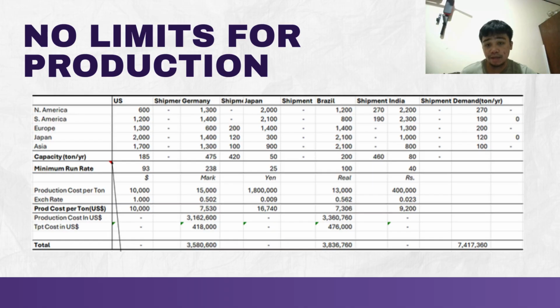So the fact here is that they are the cheaper producers, so they carry most of the load. As for the German plant, it has a large capacity. It's low cost and large capacity, and so that makes it ideal to be a global supplier.